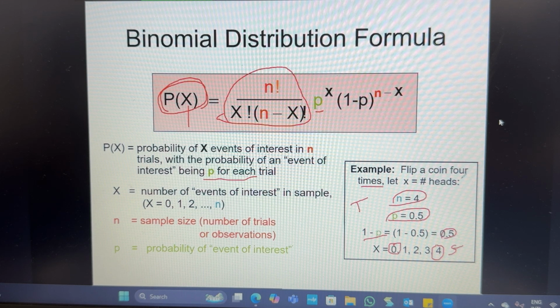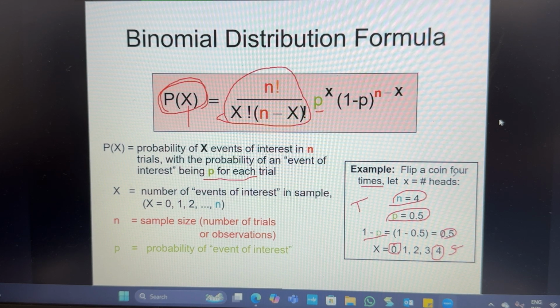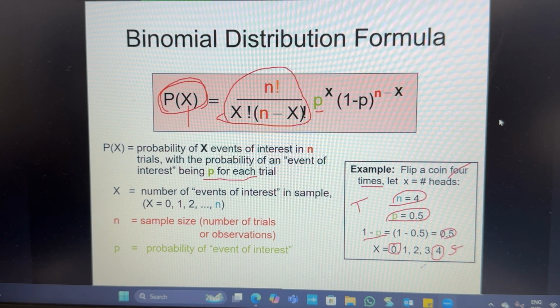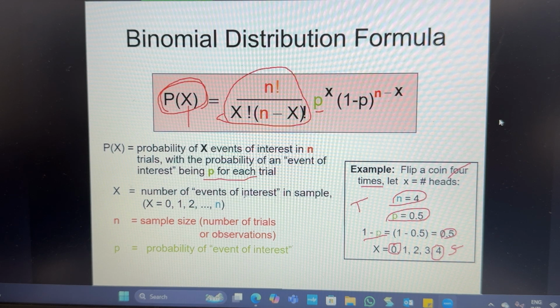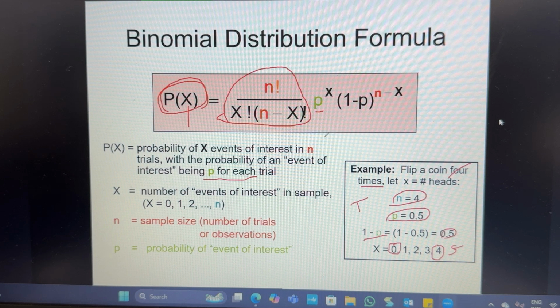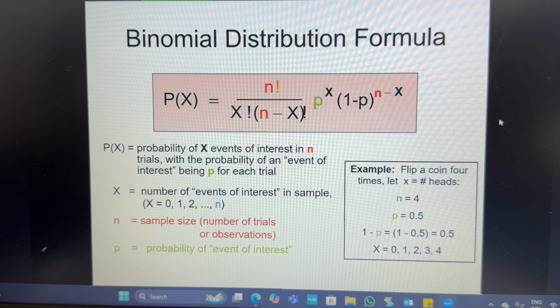You can't get 5, because you only toss 4 times. If you toss 5 times, then 5 can also come; 10 times, then 10 may also come. So how to find the probability? You can apply the binomial formula, because there are only 2 outcomes, head or tail. Now let's go to the next one.